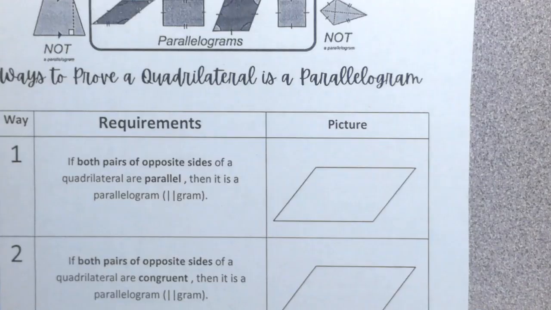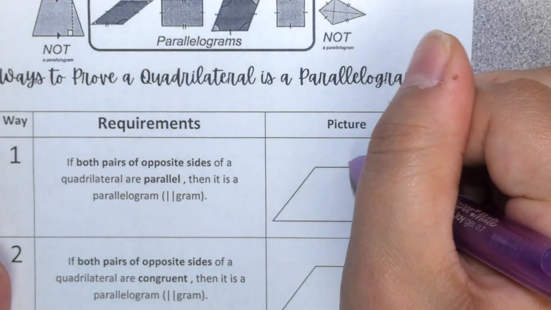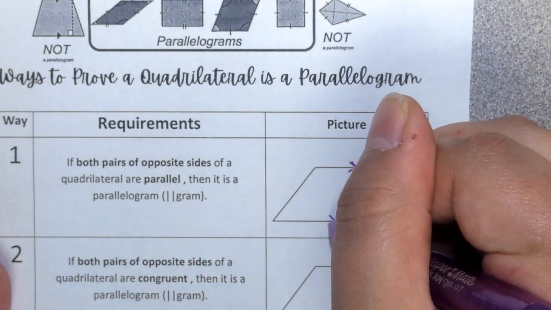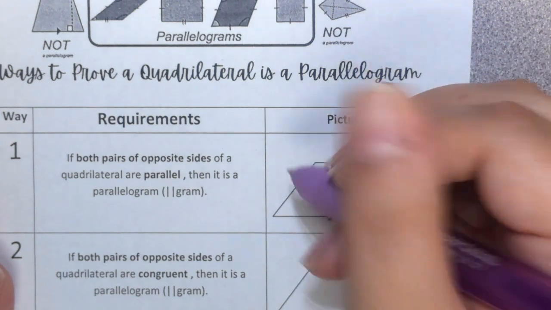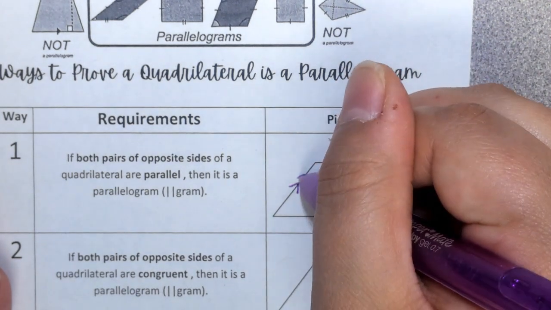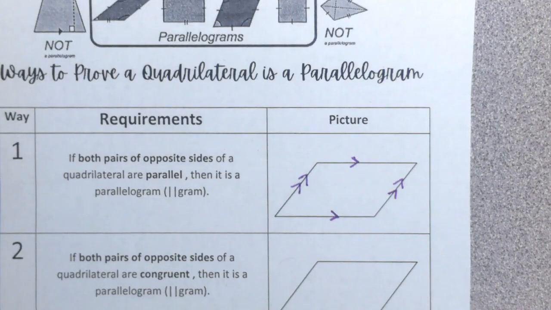So, number 1, if both pairs of opposite sides of a quadrilateral are parallel, so let's draw an arrow to say this is parallel. Everybody's doing this with me. And let's draw 2 arrows right here to say these are parallel. Then it's a parallelogram. If both pairs of opposite sides are parallel, it's a parallelogram.